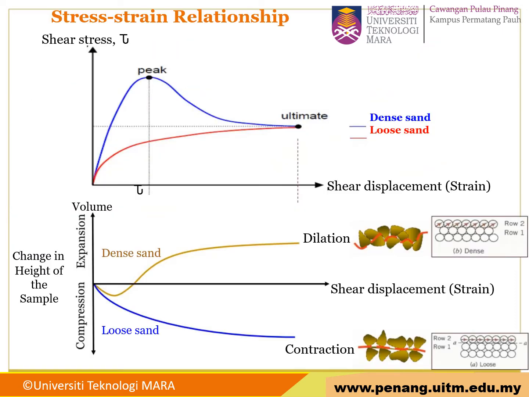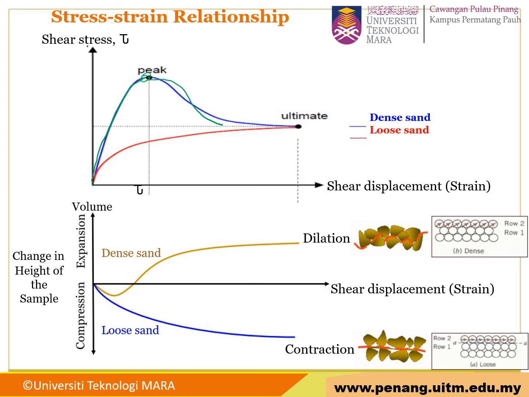Alright guys, now we look at the shear stress-strain relationship. First we have the normal stress and also the shear stress. When we apply the shear stress, the shear value will increase until it meets the peak.